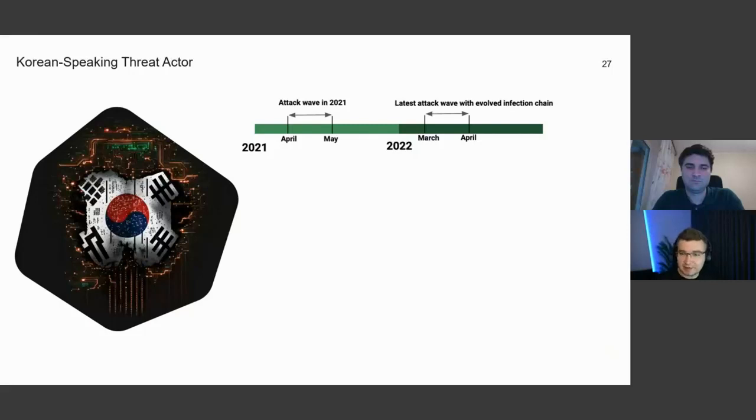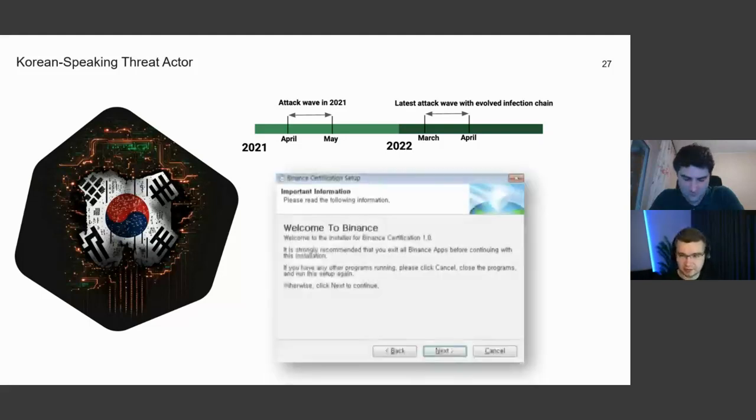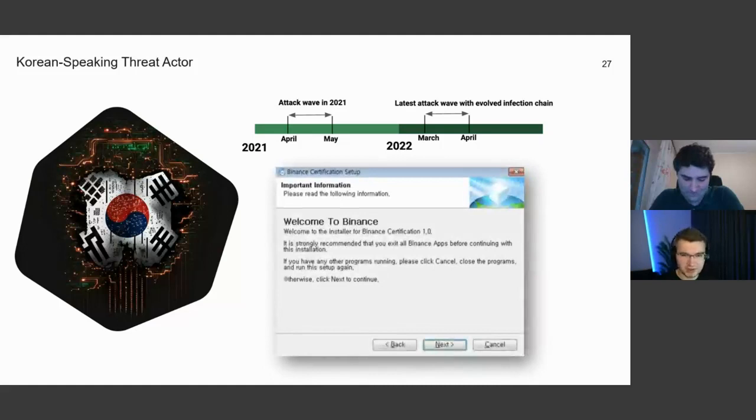As a result of analyzing this final payload, we found more samples in 2021. They used an Excel document at the time, and also used a Windows self-extracting archive as an attack vector. The malicious package used in 2021 was disguised as a setup program to install a certification application for the Binance cryptocurrency exchange.